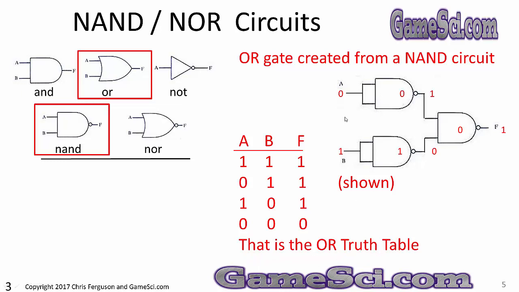Let's trace this out. This line of the truth table says 0 on the A input. A 0 on the A input would produce a 0 for the AND and a 1 for the NOT AND. There'd be a 1 on this input. A 1 for input B would produce a 1 on the AND and a 0 on the NOT AND. So I'll end up putting a 1 and a 0 into this final NAND gate.